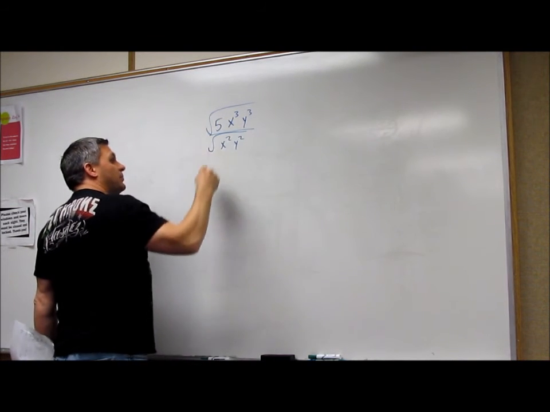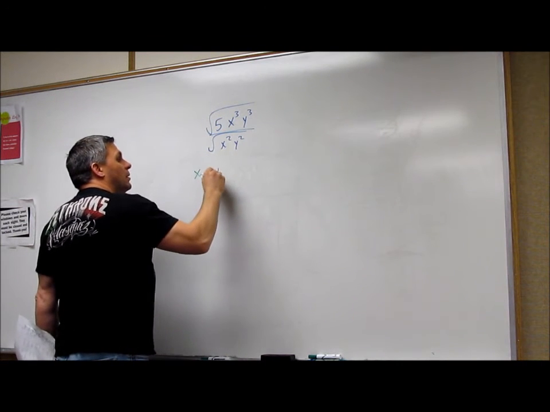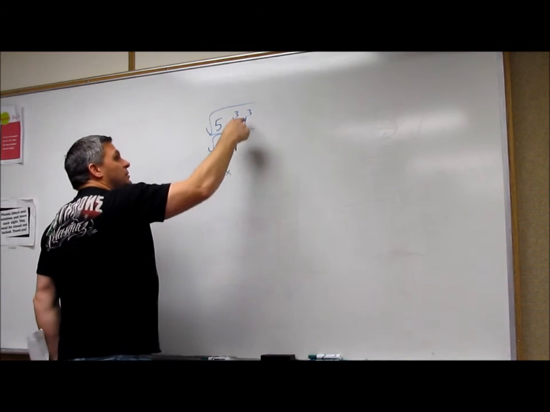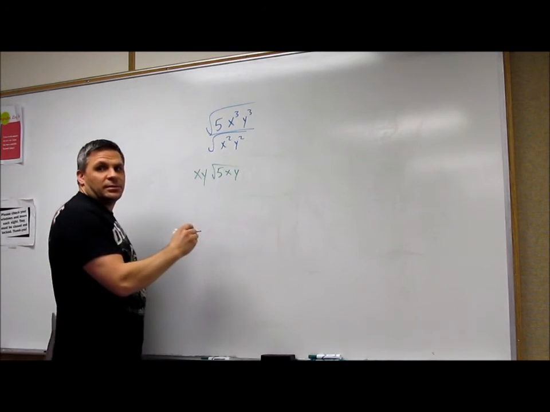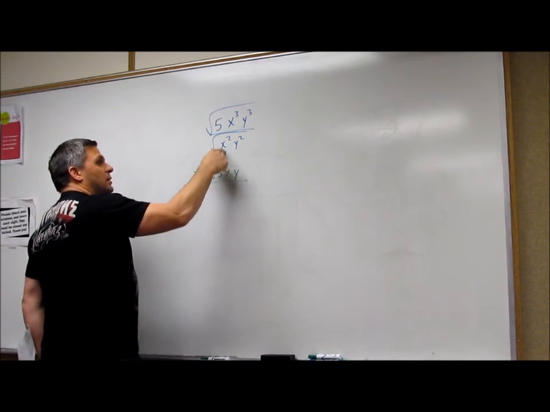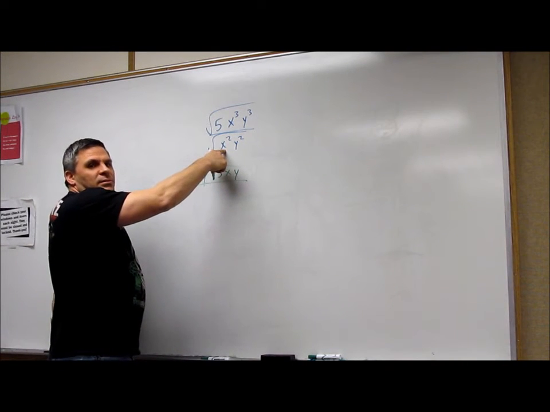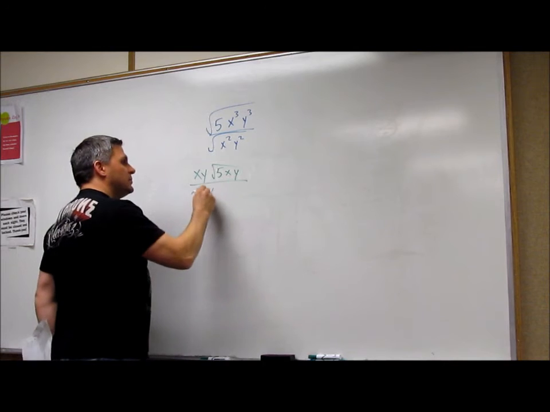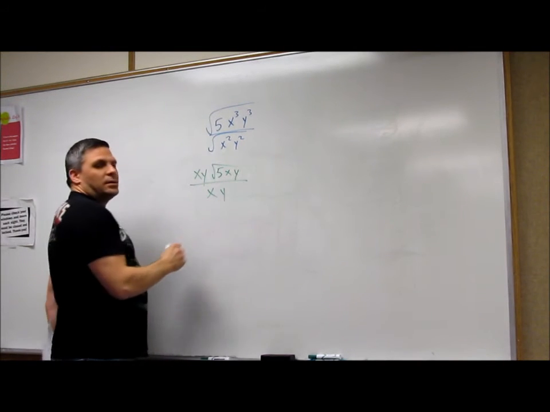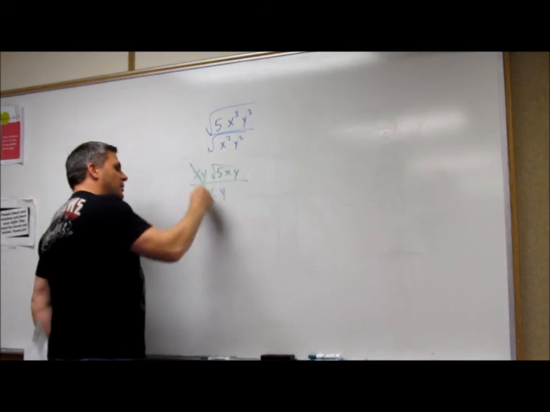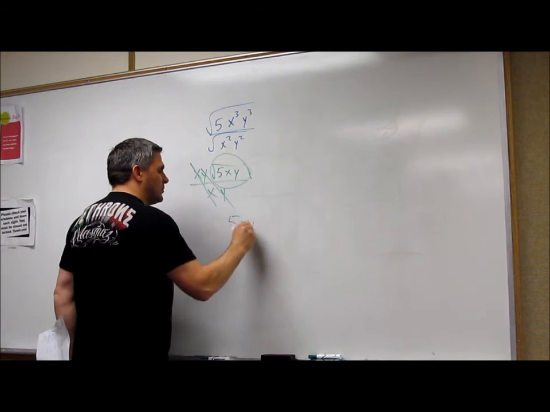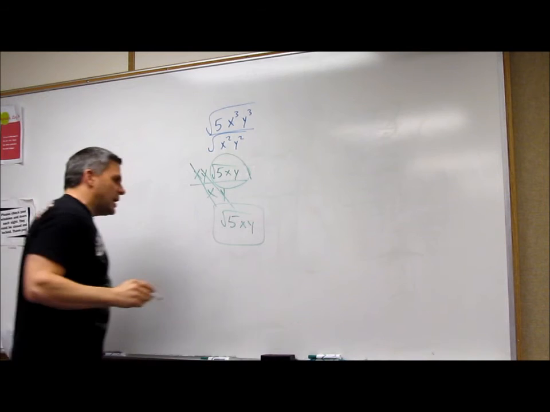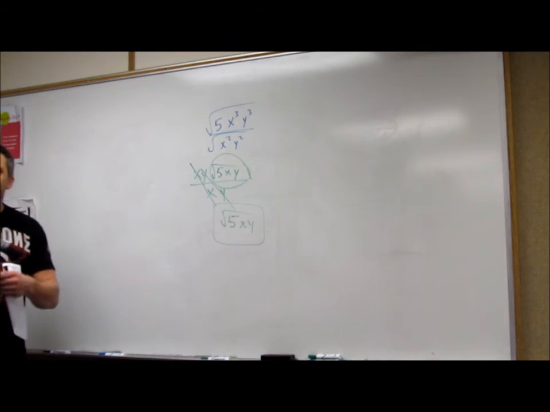So 2 goes into 3 once with 1 left over. 2 goes into 3 once with 1 left over. Over, oh, 2, pull 1, and then, 5xy square root. Okay, so, here's the thing.